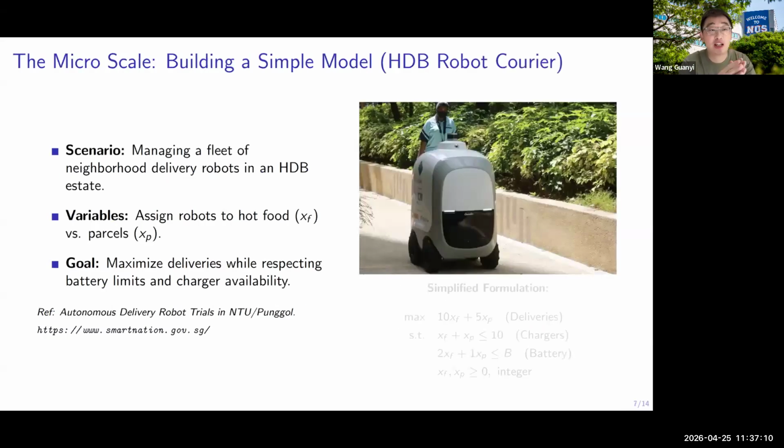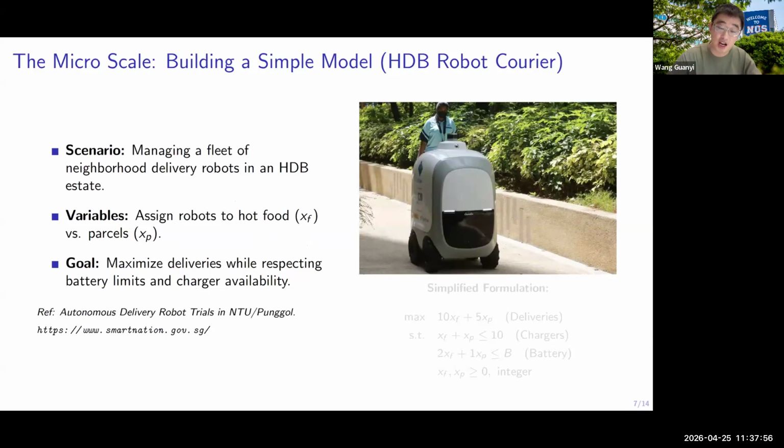Second, if you want to check some micro-scale operations research, in Singapore you might realize that we utilize this kind of robot that delivers hot food and pencils in the HDB estates. Still, as a manager, we would like to maximize the deliveries, or maximize the efficiency.